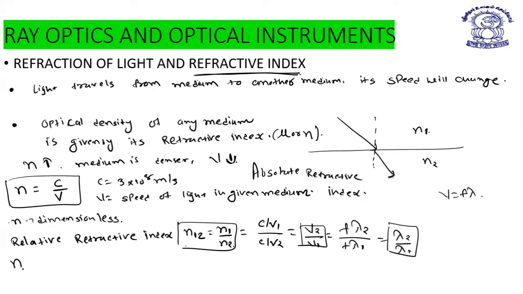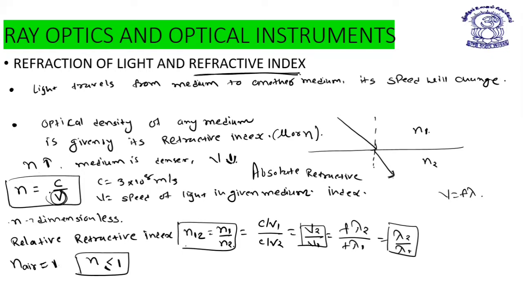The refractive index of air is approximately 1. Absolute refractive index of any medium is always greater than or equal to 1, because the speed of light is maximum in vacuum and in any other medium its speed is less than c.